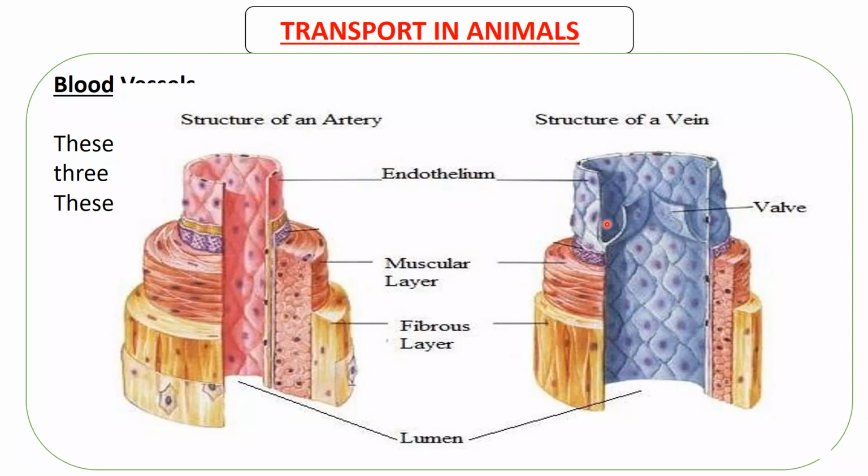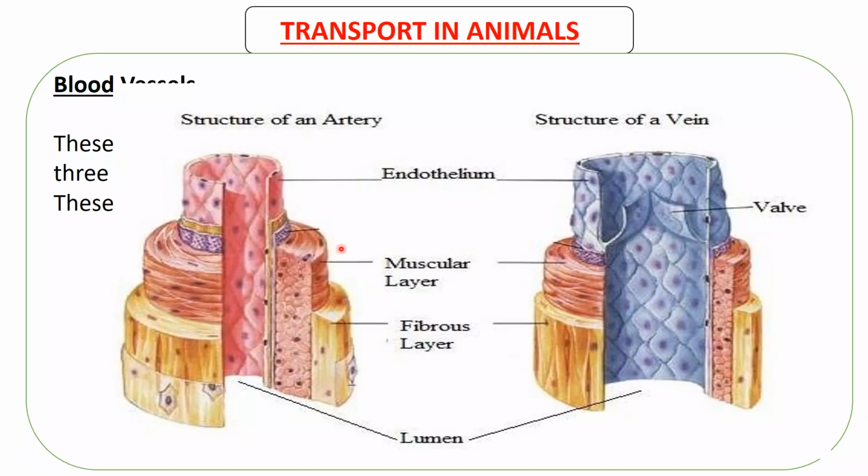The purpose of the valves, just like those ones in the heart, is to prevent backflow of the blood. So they make sure that blood doesn't flow backwards. When blood is about to flow backwards, it's going to be trapped by the valves, and therefore blood can only flow forwards. Well, in arteries there are no valves, so this should make us wonder how blood flows in one direction instead of flowing backwards in the arteries.